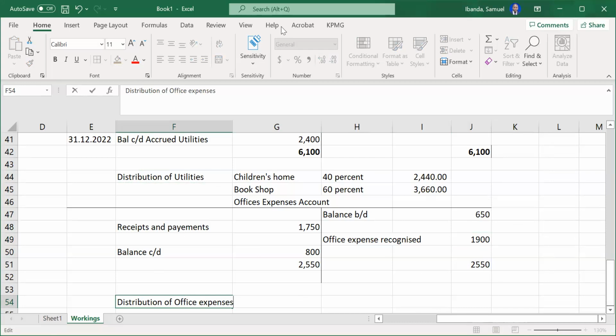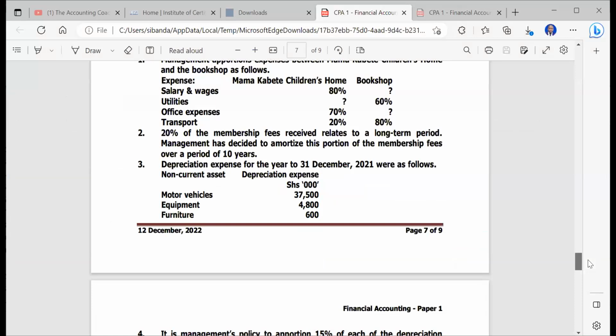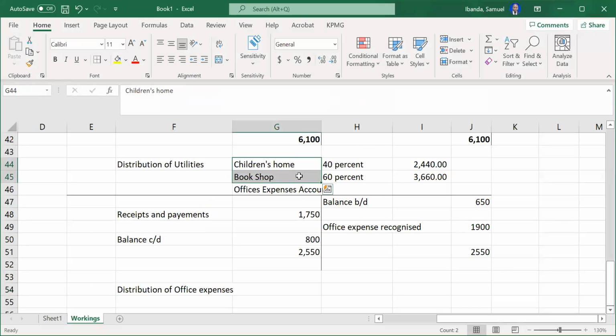Remember we had, was it 70 and 30? 70 and 30.